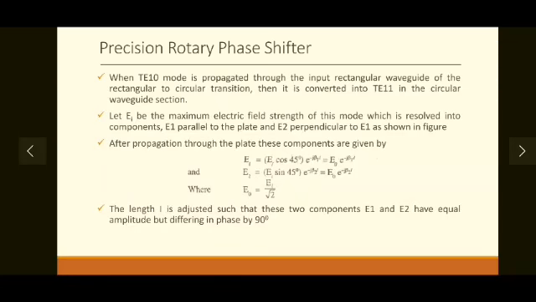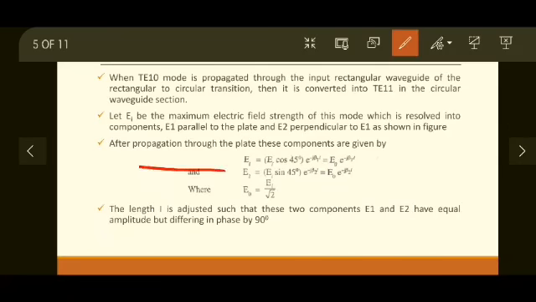So cos 45 of the original EI, e raised to minus j beta 1 L. L is lambda by 2. Beta is the propagation constant. And E2 is EI sin 45 because it is perpendicular to E1. So EI sin 45 e raised to minus j beta 2 into L.